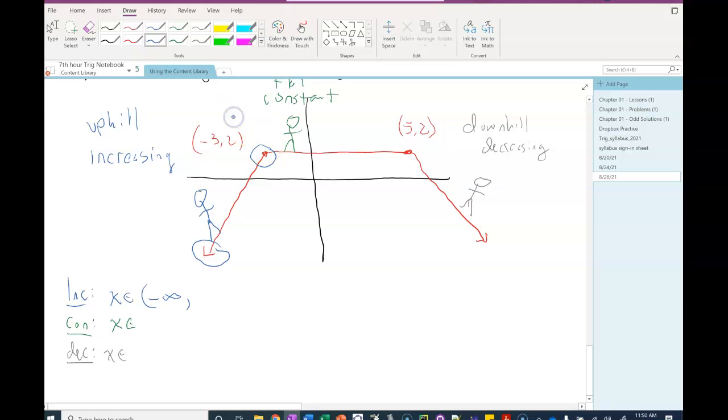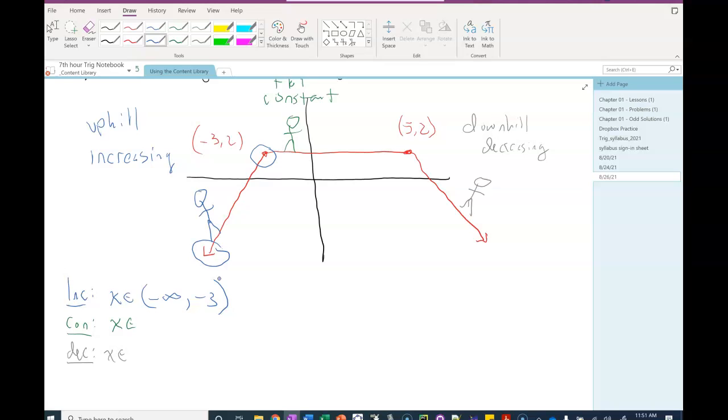We stop being increasing at this point. The x-coordinate at this point is -3. And with these intervals of increasing and decreasing, all the bounds are always going to get parentheses, not just the infinities, but everything gets a parenthesis for increasing, decreasing, and constant.